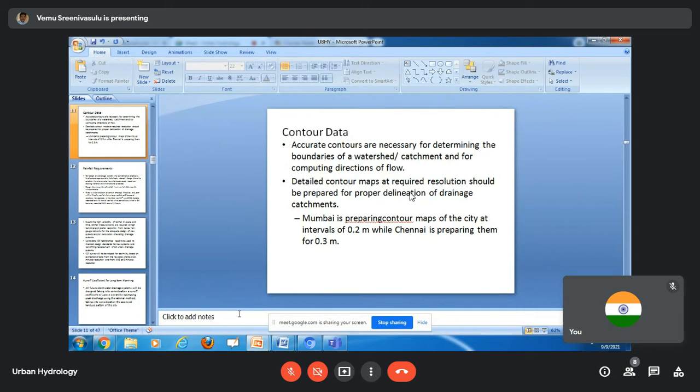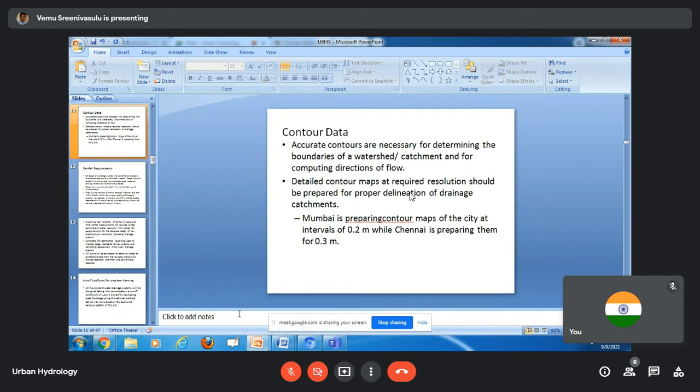Okay, so subcatchment means what? You know the definition of a catchment? The catchment has a single outlet, right? Rain falling on that catchment leaves through a single point. Okay, so like that you have to decide. It's not like rain falling on ward 1 of the Kakinada municipality will flow to a single outlet.